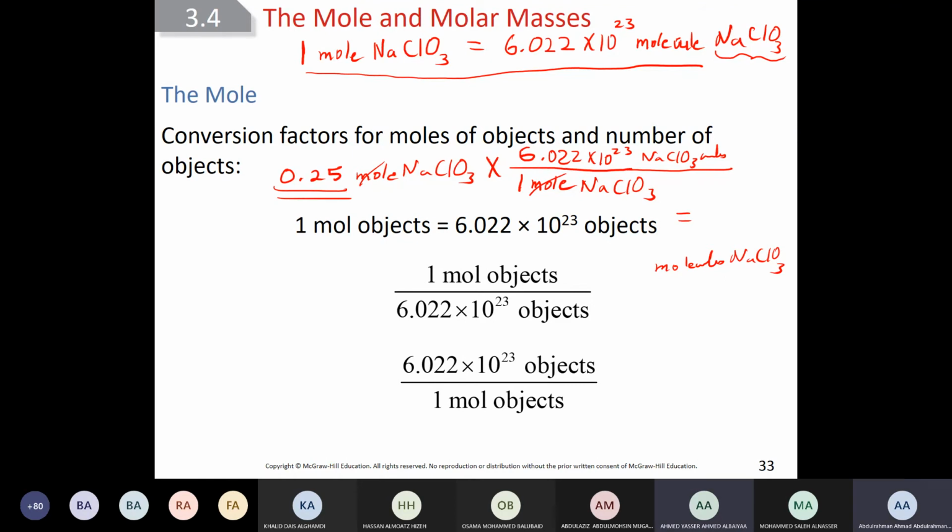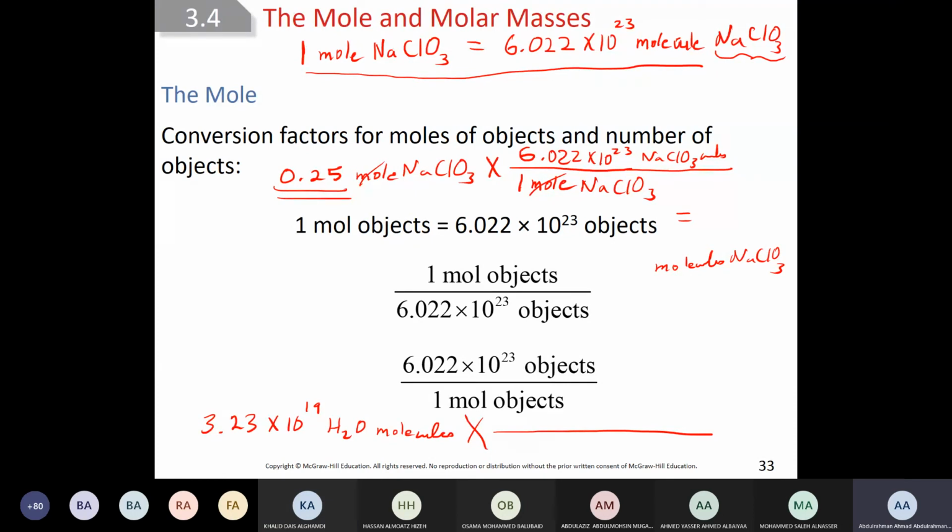All right. Let's have something else. If I have 3.23 times 10 to the power 19 H2O molecules, how many moles is this? It would be 1 over Avogadro's number.